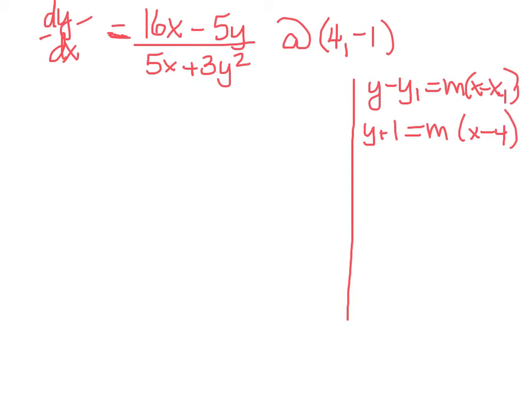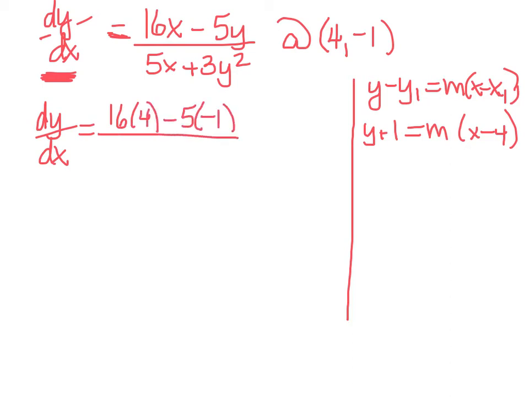Now remember, slope is right over here. It's our dy/dx. So all we're going to do is plug in 4 for our x value and -1 for our y value. So we're going to do 16 times 4 minus 5 times -1 over 5 times 4 plus 3 times -1, that quantity squared.